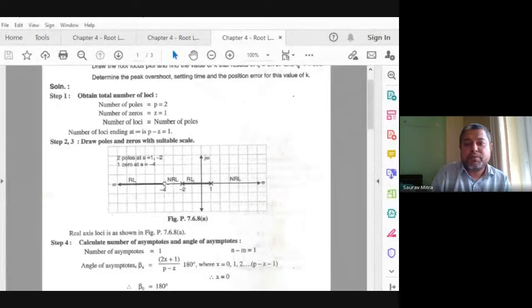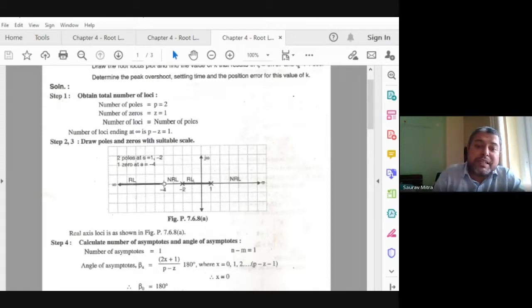But from -2 to -4, the length is 2. This is not a part of the real axis root locus, because for any point you take between -2 and -4, such as -3.9, -2.5, -3, the total number of poles and zeros on the right side is even. And whenever you find an even number, that part is not on the root locus.